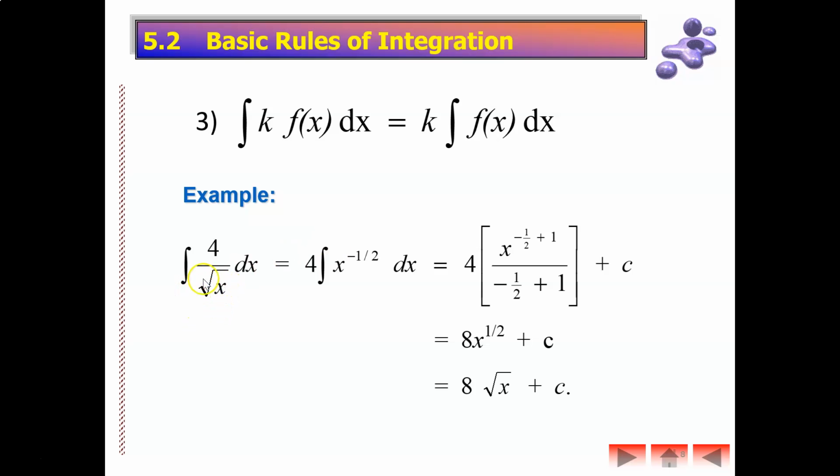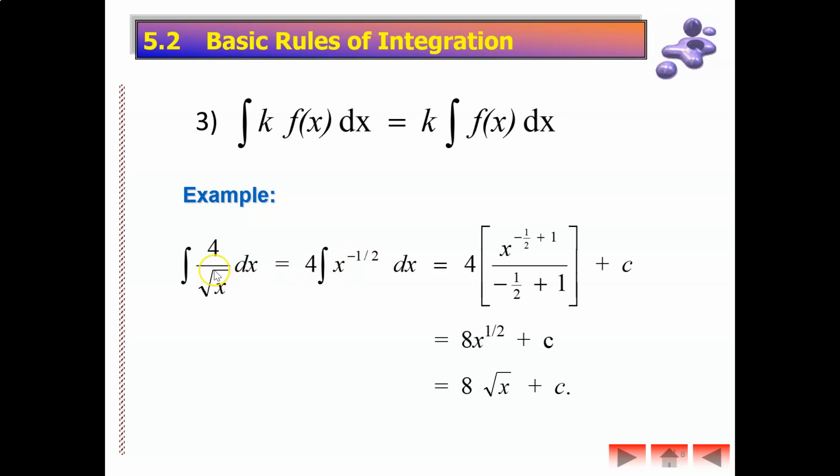You can see, integrate 4 over root x dx. So what is the constant here? The constant will be 4. You put the 4 at the front, so the remaining will be root x, or 1 over root x, which we can write as x to the power of negative 1 over 2. Why negative?